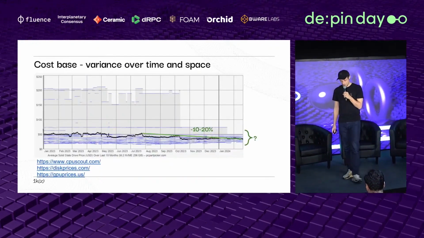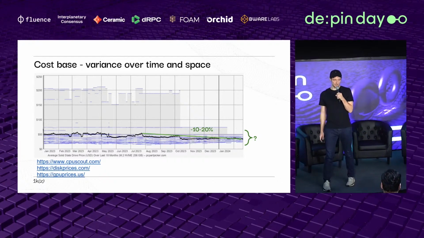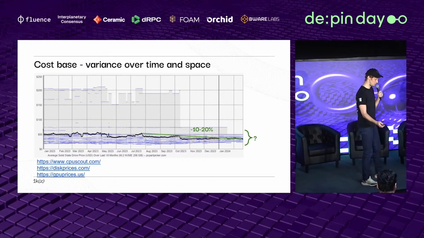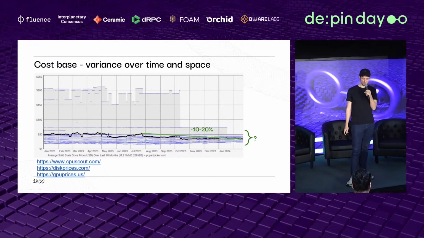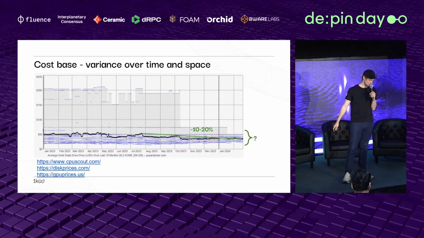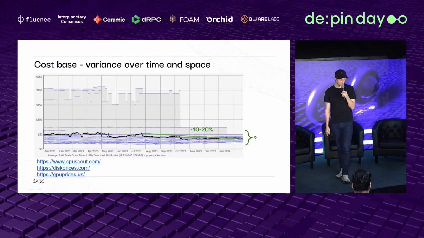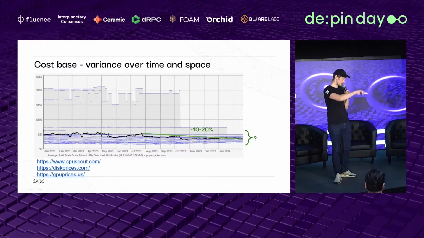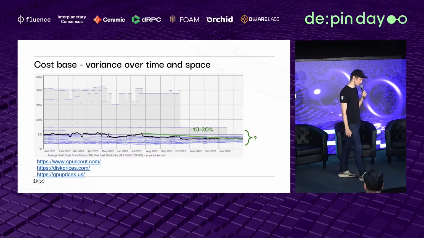So another impact on why it is so hard to come up with a cost estimate? It depends a bit on when you look at the cost, right? This is storage cost, which came down a bit lately, but then also where you buy it, right? This is the variance across the y-axis here.